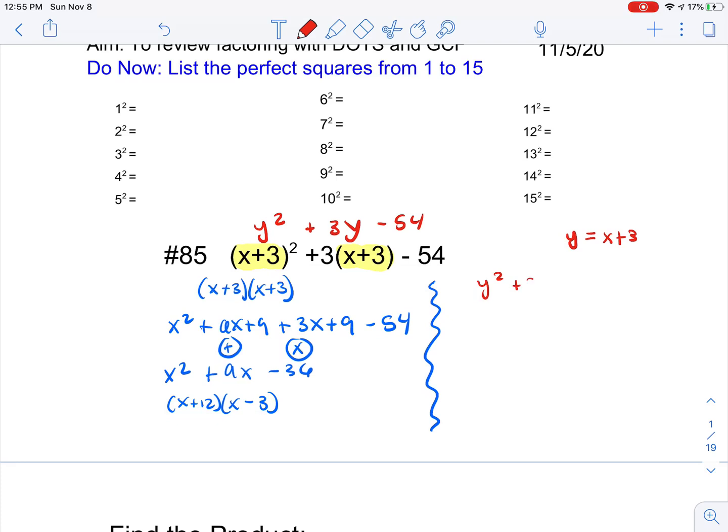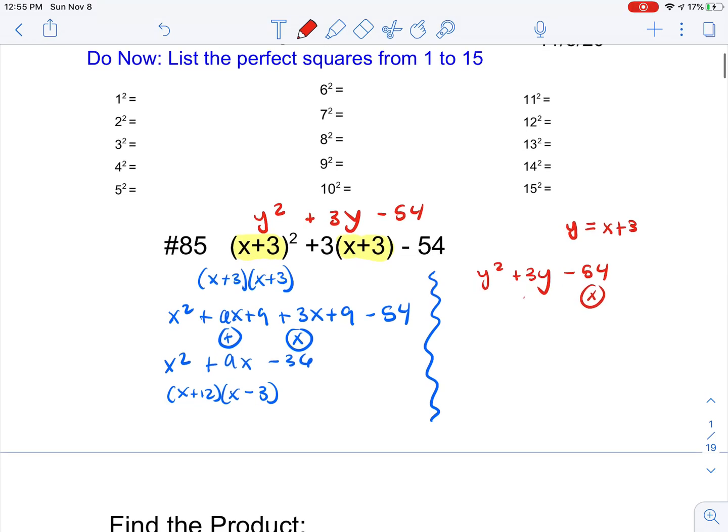So if we just look at that, this too follows the same structure, right? Our coefficient of y squared is 1. So we are going to look for two numbers that multiply to a negative 54 and add to a positive 3. So the numbers we are looking for are y plus 9 and y minus 6. Okay, so we are able to factor, but remember the y is equal to x plus 3.